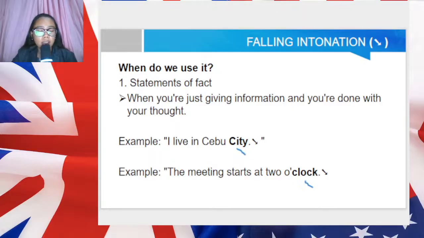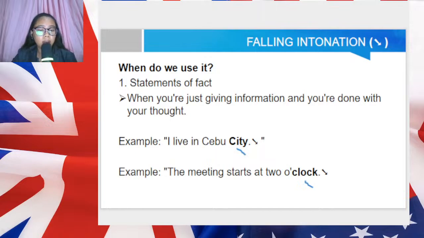It establishes clarity, it conveys confidence, and guides the listeners to understand that your thought on that point is finished. It's the foundational pattern for most everyday communication where you are simply sharing information.